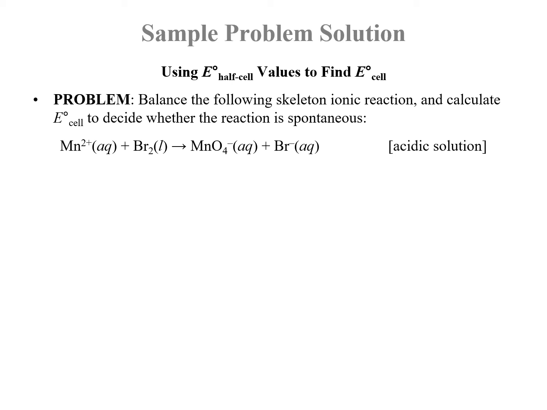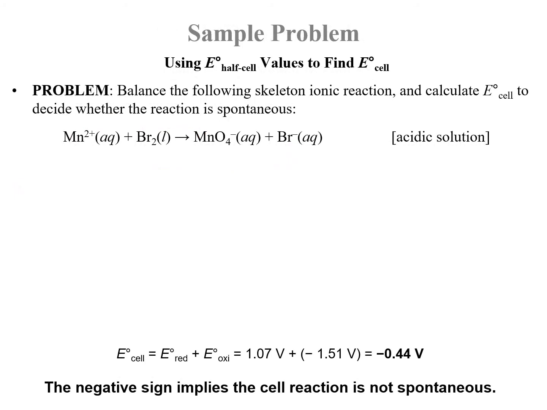What's the question? Balance the following skeleton ionic reaction and calculate E naught cell to decide whether the reaction is spontaneous or not. And it's happening in acidic solution. So the balancing part, I think you should be very familiar with by now, but let's just balance our reaction. Manganese 2 plus is getting converted to MnO4 minus, and bromine liquid is getting converted to Br minus.